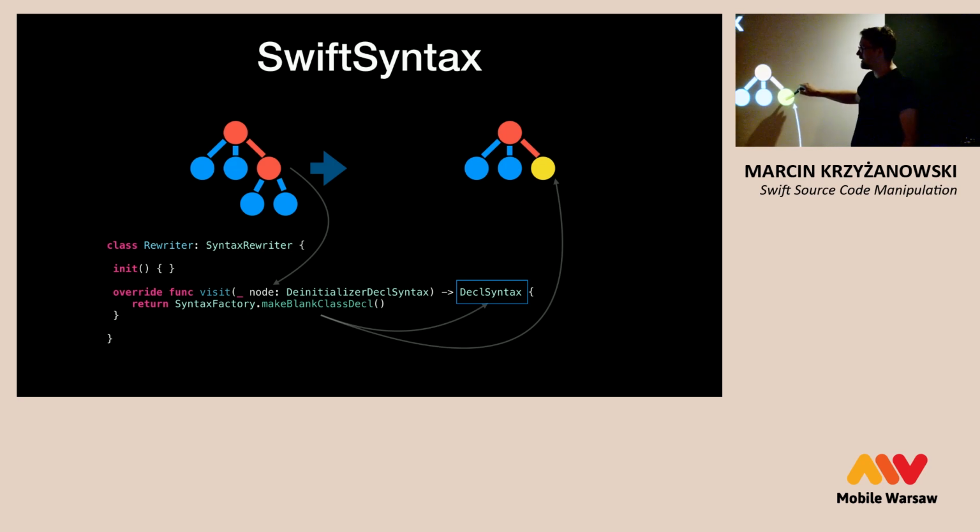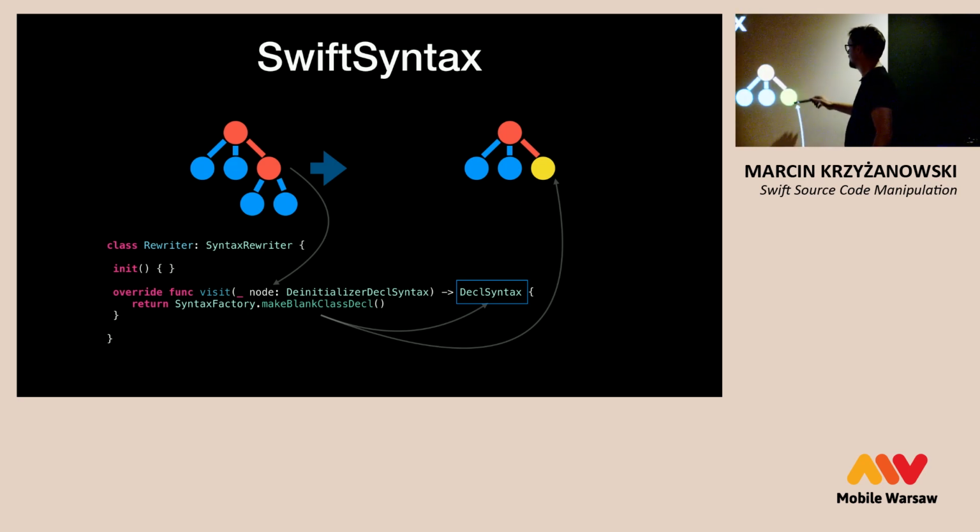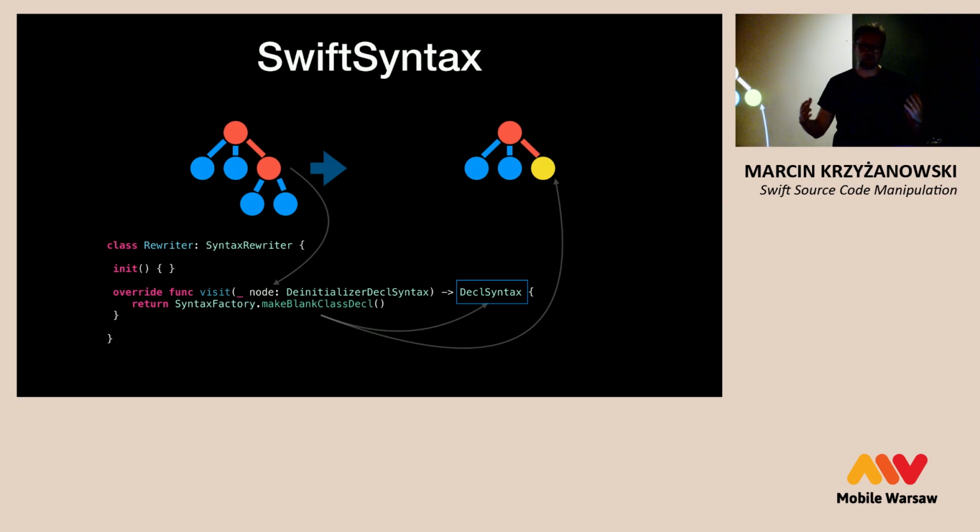And it will replace this node, this perfectly good node, with this class declaration, which is not correctly formatted Swift, but you can do that, right? Whatever you want, you can do that. It doesn't check if the tree is valid with the grammar. It's up to you.